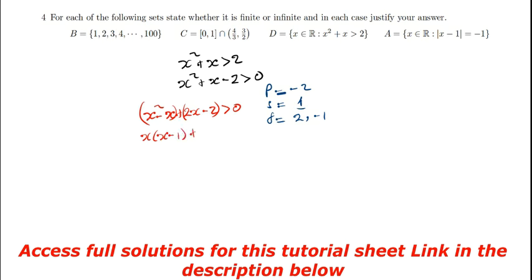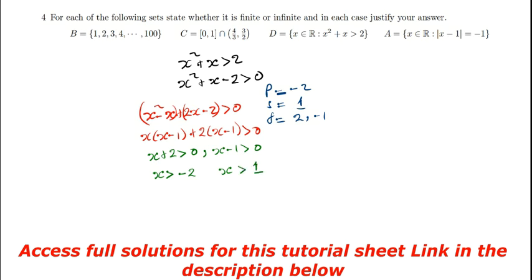Here common is 2, and we remain with x minus 1 is greater than 0. After this, we have x plus 2 is greater than 0, then we also have x minus 1 is greater than 0. So x will be greater than negative 2, and x will be greater than positive 1.